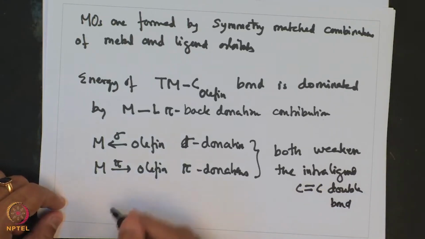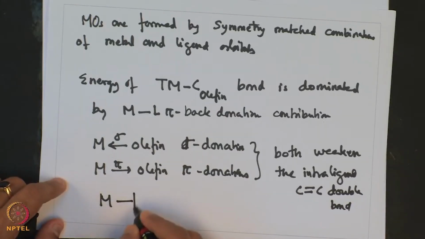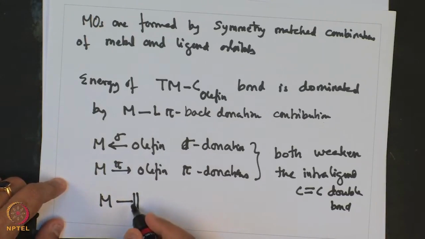The reason being that in the first case, where the pi electron is donated to the transition metal, the CC double bond is weakened.